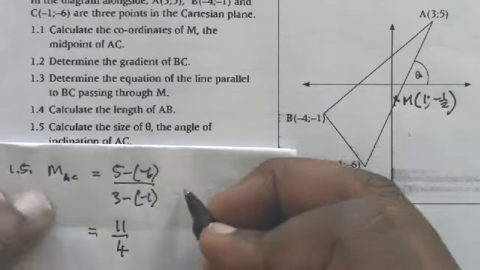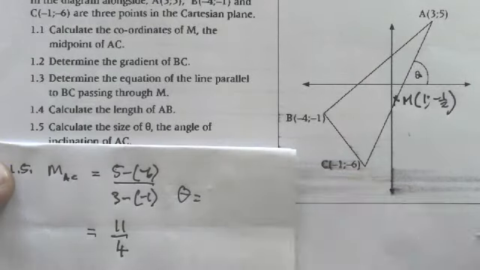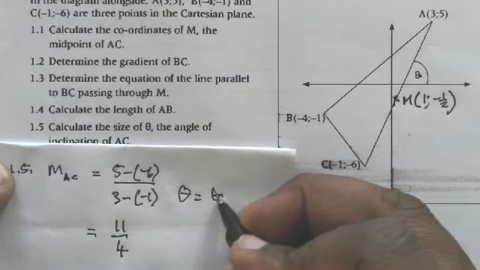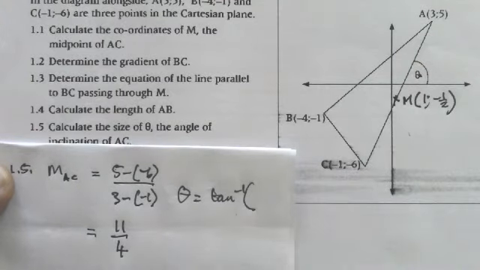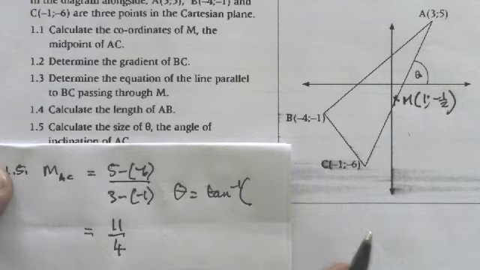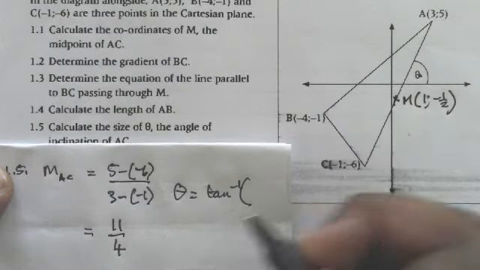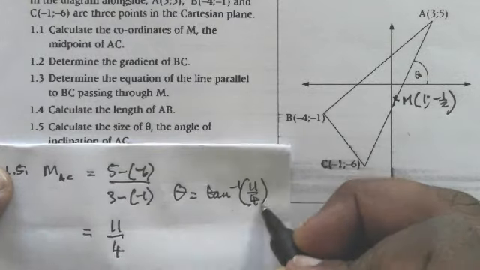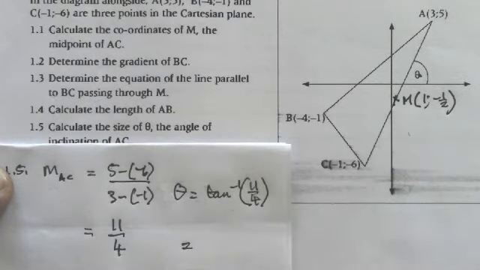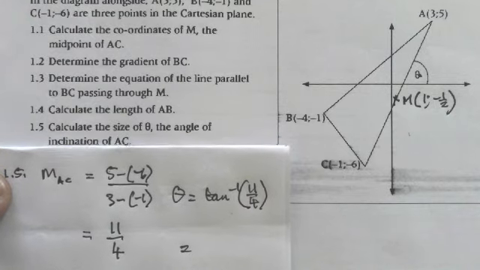Now for me to find that angle theta, I'm just going to take the tan inverse. Remember tan of theta is equal to the gradient. So I'm just going to take the tan inverse of 11 over 4. So just do that with the calculator.